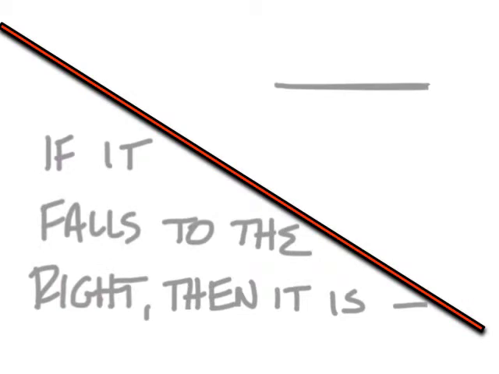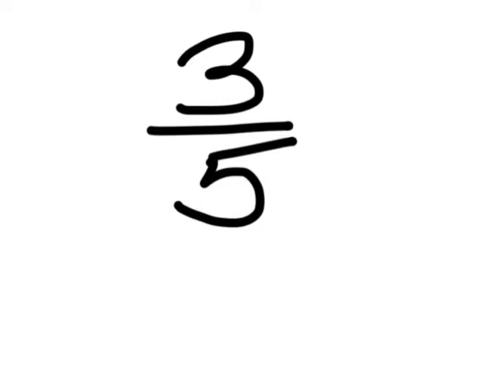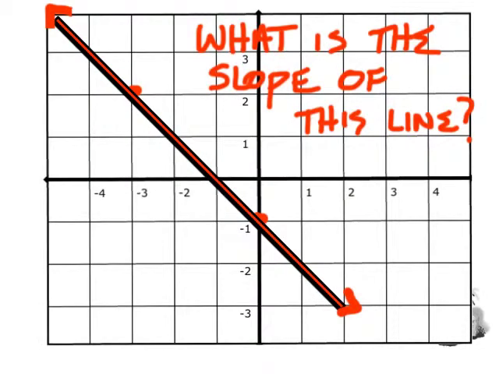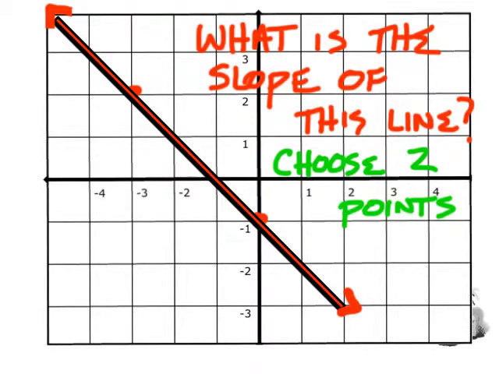If the line falls to the right, then the slope is negative. So 3 over 5 was our slope. Did the line rise to the right or fall to the right? It rises to the right, so it is a positive slope, but you don't have to write the plus sign next to it. You only have to write a sign if it's what? Negative.